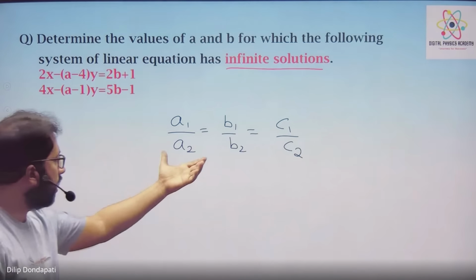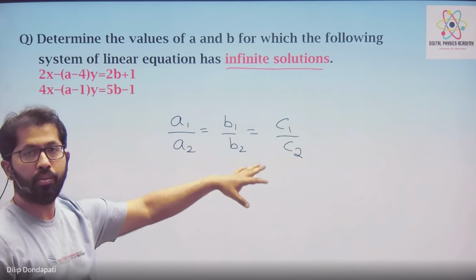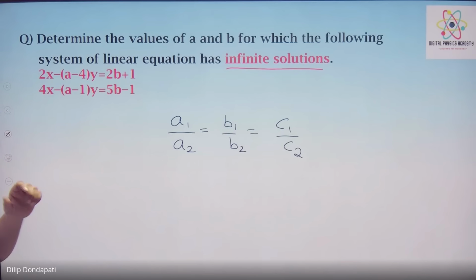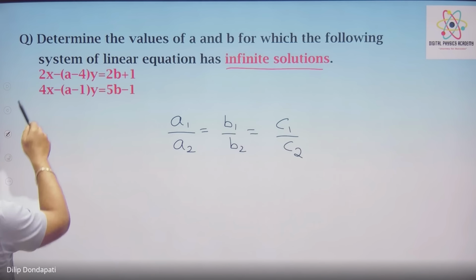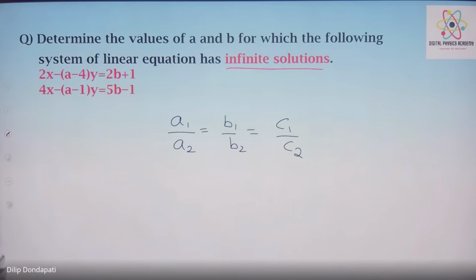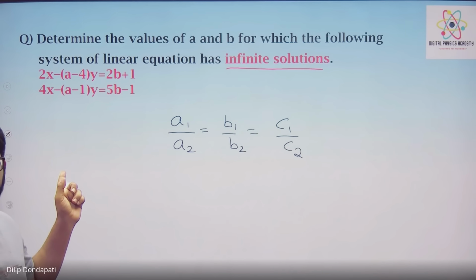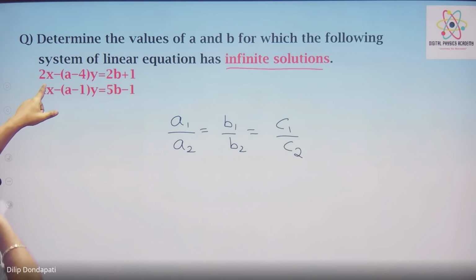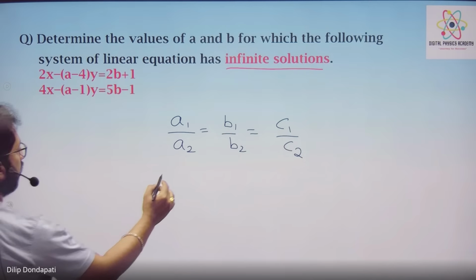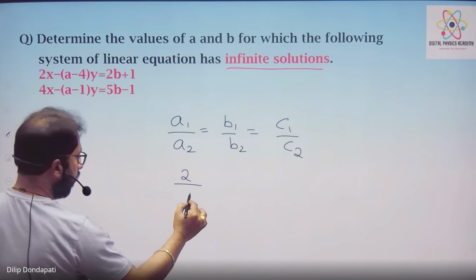You have to equate these, or cross multiply, and find the values of A and B in this equation. Janavi, what is A1 here in this case? A1 is 2. 2 by A2 is 4.